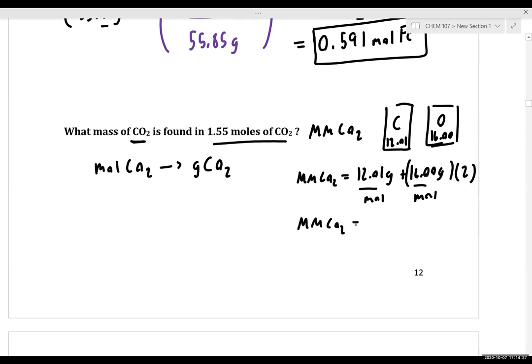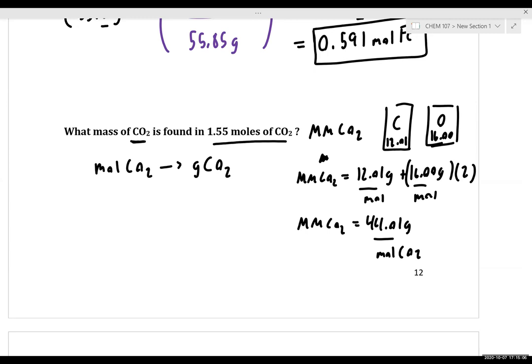That gives us, for our molar mass of carbon dioxide, 44.01 gram per mole. Remember, we talked about this molar mass and molecular mass calculation last class session. The only thing that's new is we're using the masses in gram per mole.